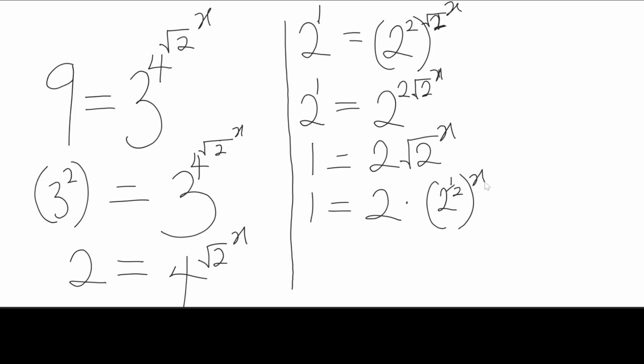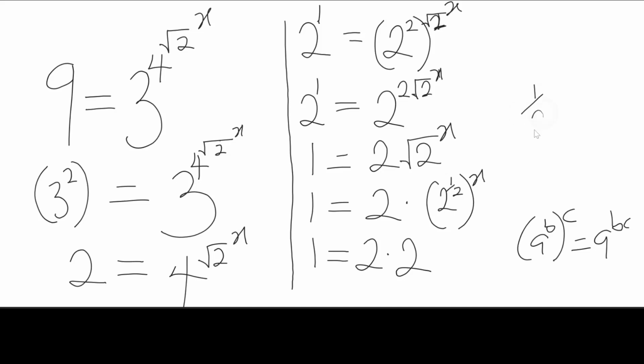And don't forget, when we have a to the power of b inside a bracket, then to the power of c, it becomes a to the power of b times c. That is, you're going to be multiplying the powers. So we're going to be having 1 equals 2 multiplied by 2 to the power of x over 2, because 1 over 2 multiplying x equals x over 2.